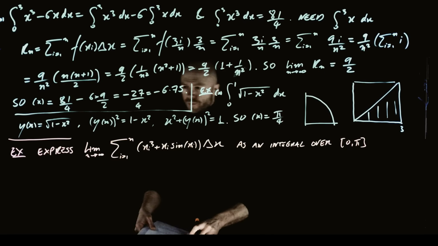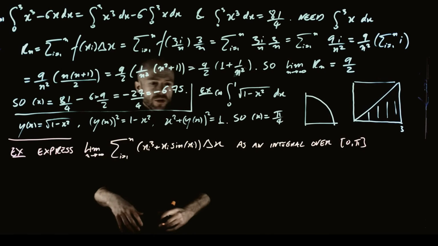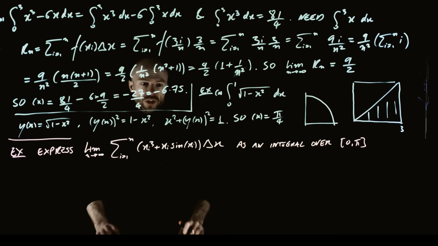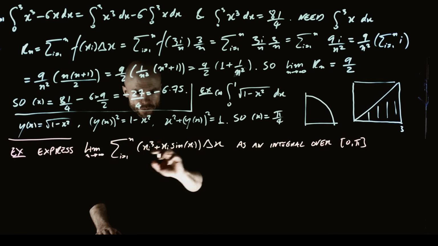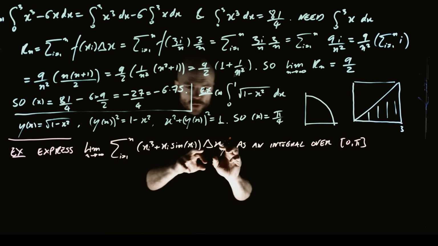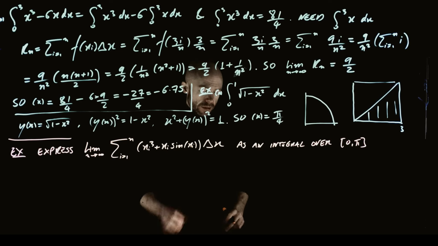All right, so what's this doing here? What this question wants us to recognize is the form of a Riemann sum, because these terms define the height of each rectangle whose base is delta x.